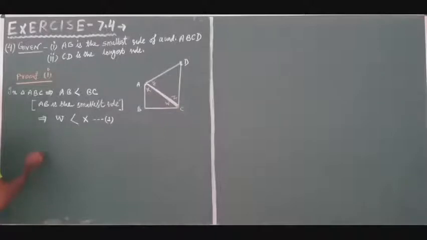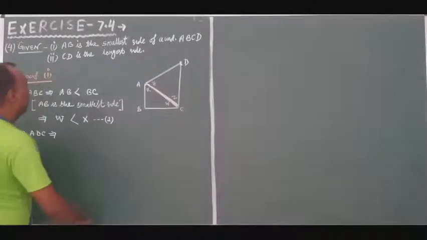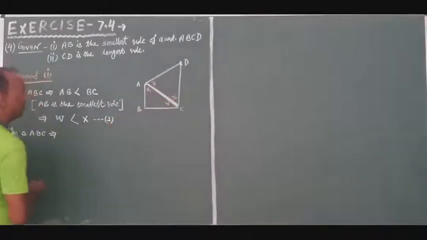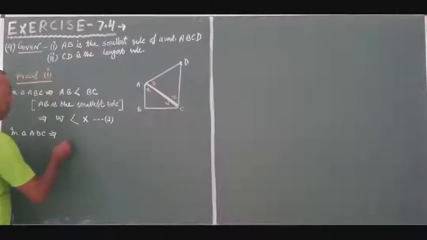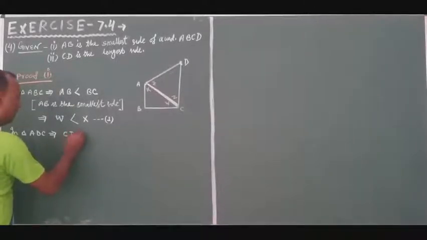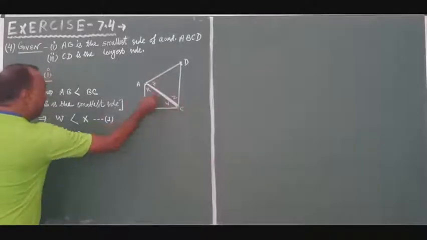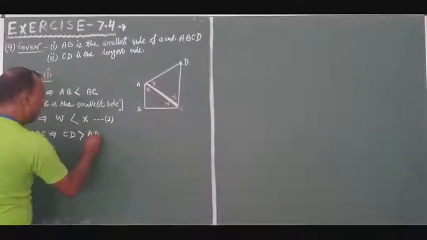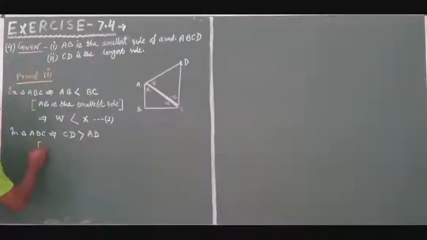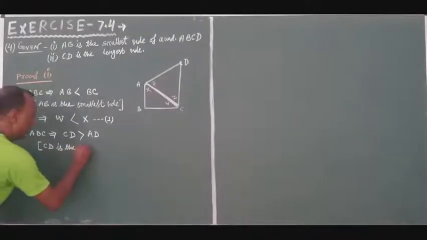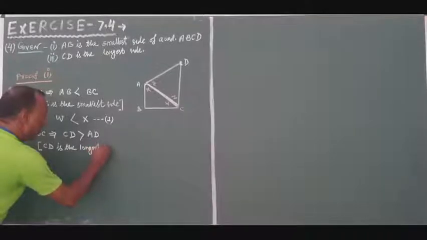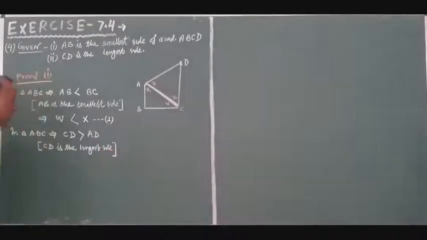Now, in triangle ADC, what is given? CD is the longest side. It means CD will be greater than AD, because CD is the longest side.